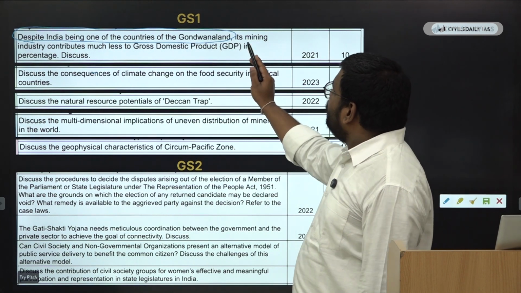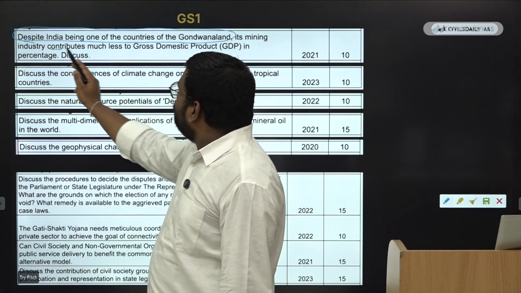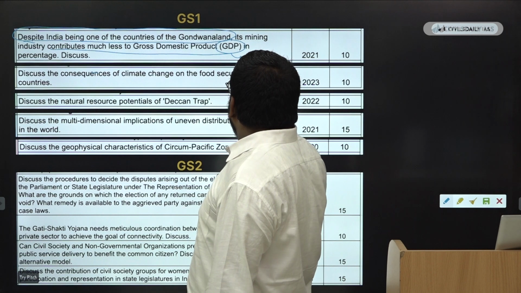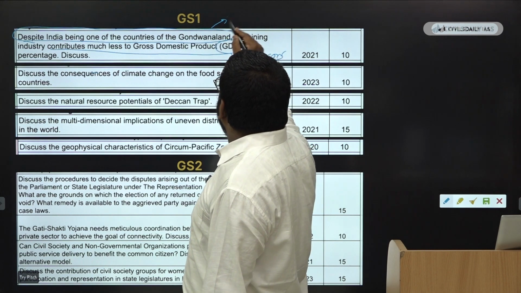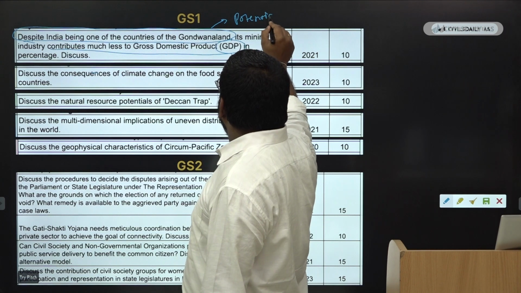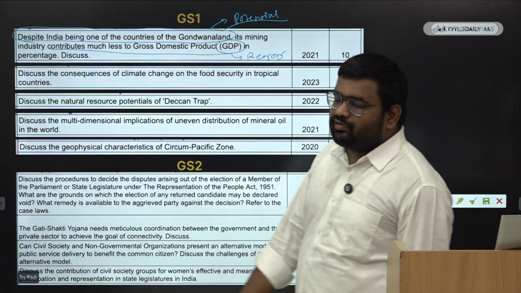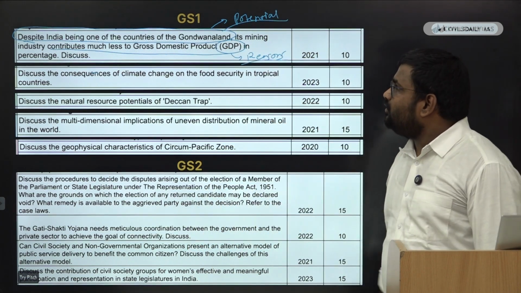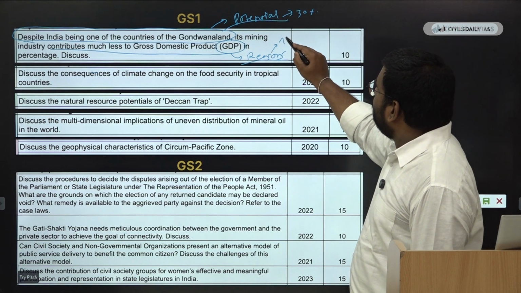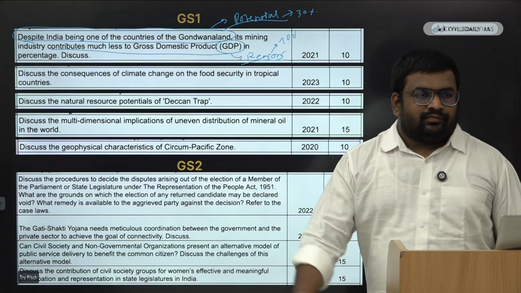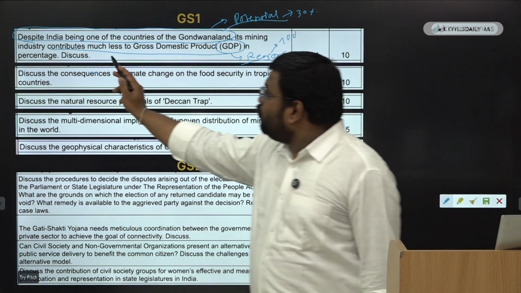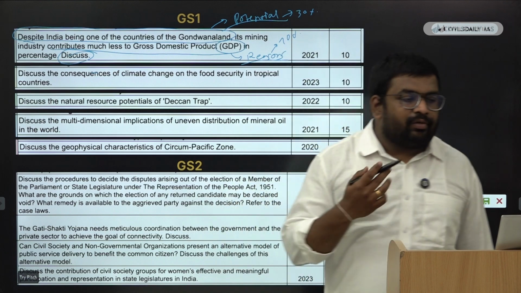And second, its mining industry contributes much less to the GDP. The second is reasons. So basically, you have to highlight the potential of India's mineral resources and then reasons. So this will be your 30% part and this will be your 70% part. This is how toppers decode the question. Here whether it is discuss, examine or evaluate won't matter.